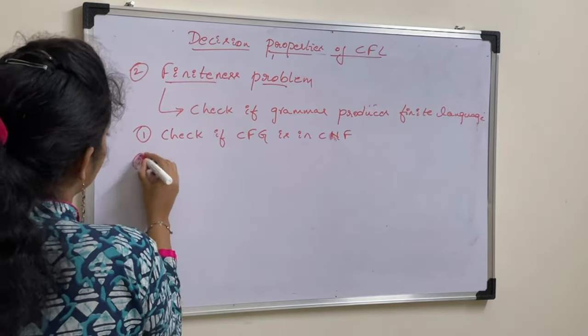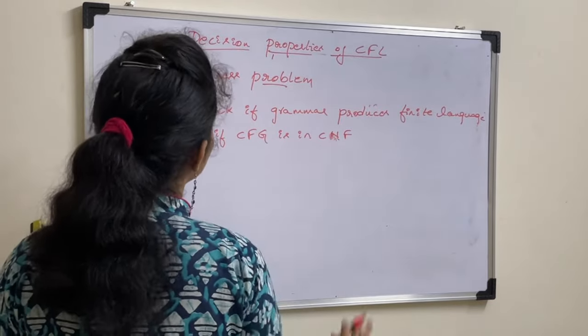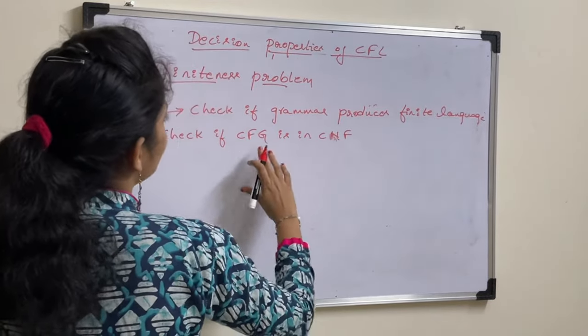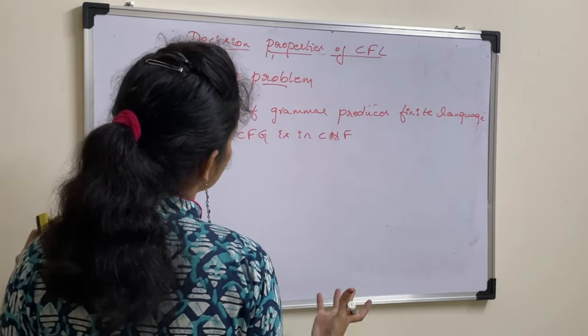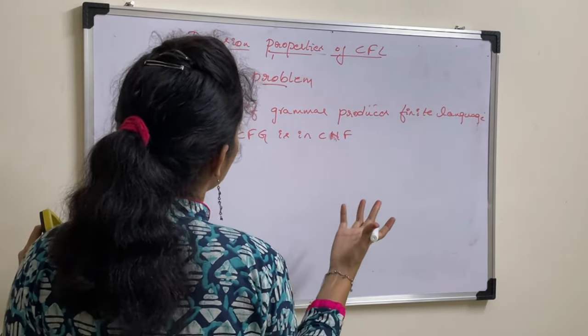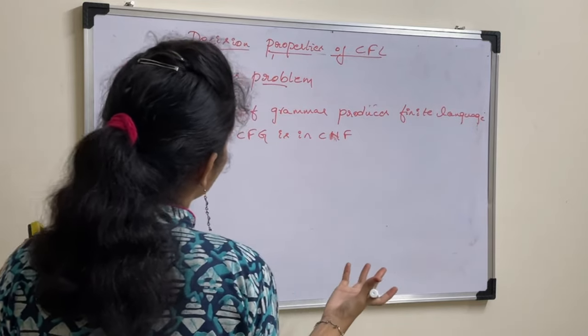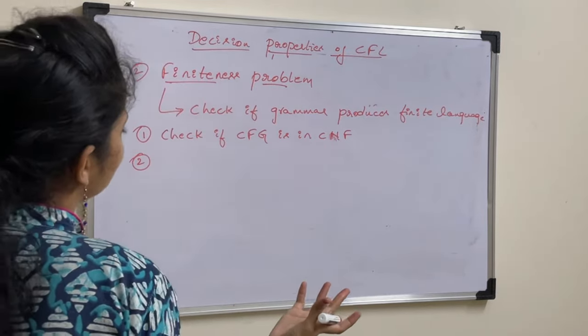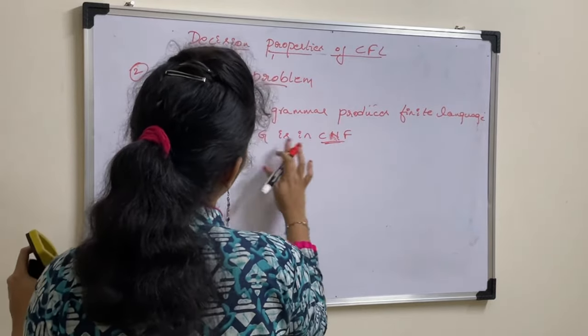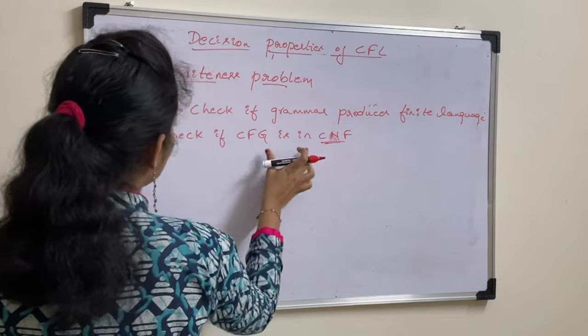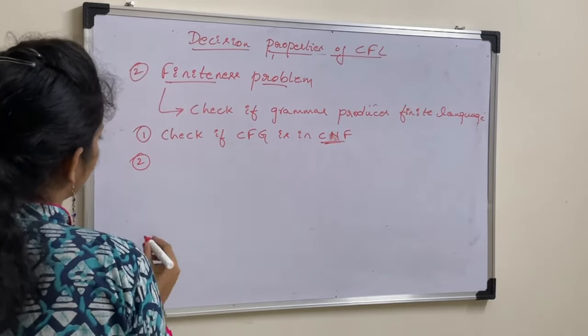And step 2: if the grammar is not in CNF, then you need to convert it into CNF by using the simplification process: eliminating useless symbols, then null productions, useless productions, and then unit productions. We have a few steps for converting the grammar into CNF. Use them and convert the given grammar into CNF.